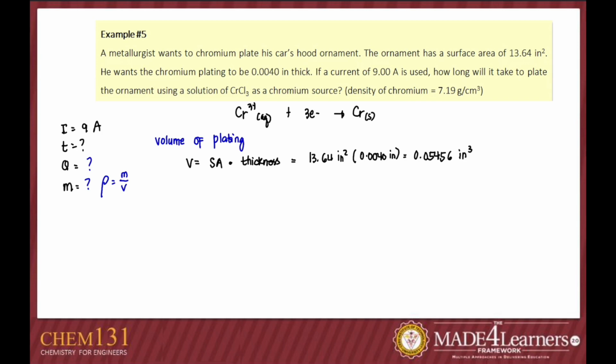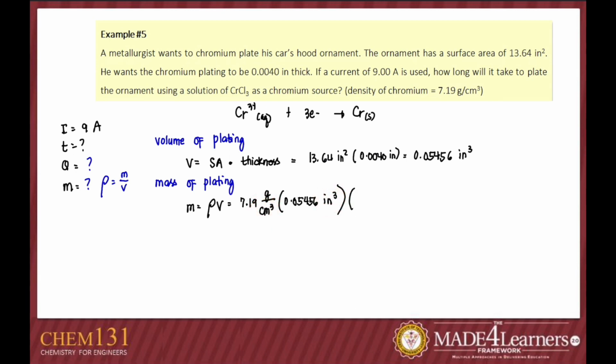Once we have the volume, use the density to solve for the mass of plating. So the mass of plating, M, is equal to the density times the volume. So 7.19 grams per cubic cm times 0.05456 cubic inches. But their units are not the same. This is cm and this is inch.